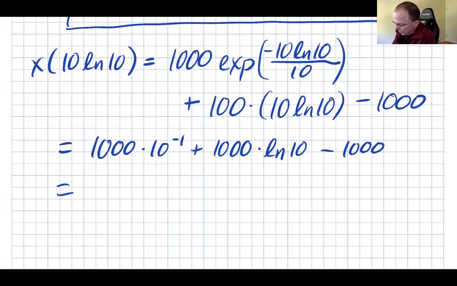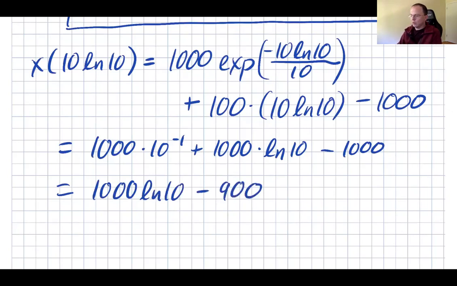And then 100 minus 1,000, that'll be negative 900. So we're going to finally get 1,000 log 10 minus 900. So that's probably a good expression to leave it at. So that's the exact answer: 1,000 times log 10 minus 900.